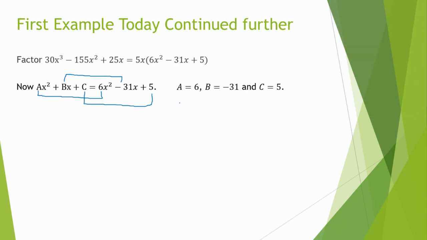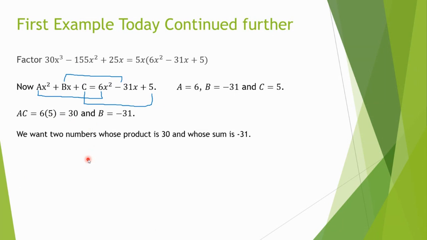And in this AC method, what we do is we have A times C, which in this case is 30. So we want 2 numbers whose product is 30 and the sum is negative 31. Okay, so that's what I have written here.